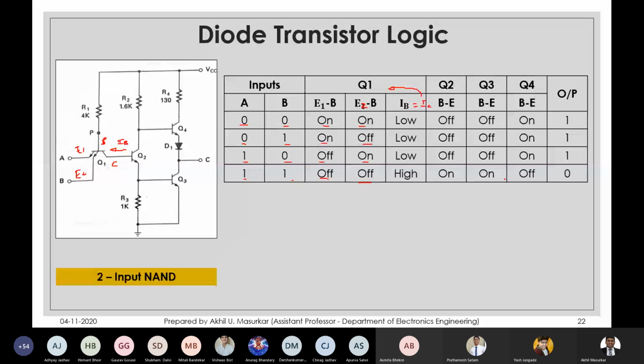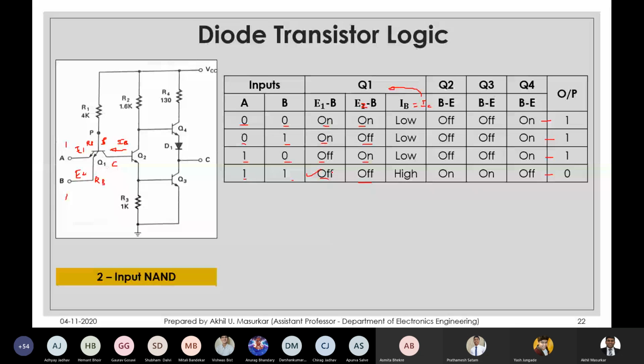Q3 is off, and on, and finally we have Q4. So this and this and this, if you see, all ons will give me ones, all offs will give me 0. So if you just take any case, like the last case, let's say this one, then these junctions are reverse bias.